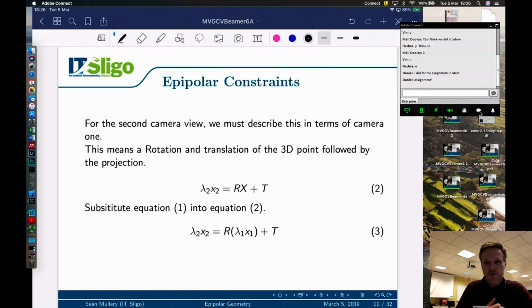For the second camera view, we must describe this in terms of camera 1. So we're going to say, well, what's the rotation and translation from camera 1? This means a rotation and translation of the 3D point followed by the projection. And remember that the projection, because it's only the identity matrix, we're just going to have the projection to some other point or some other distance, lambda 2.